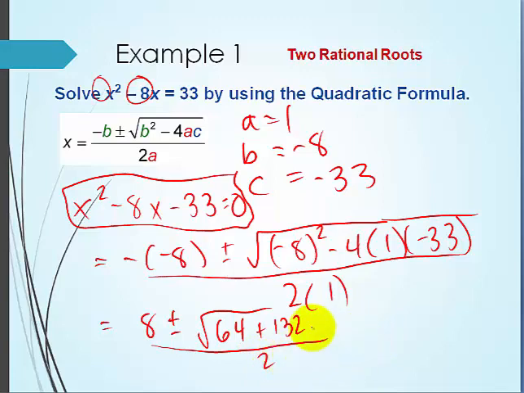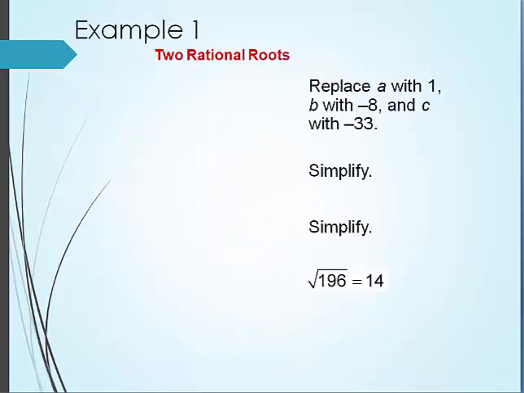And then I can, oops, I guess I should have been doing this on here, and that's fine. So really I'm just going to simplify this again. X is equal to 8 plus or minus the square root of 196 over 2.